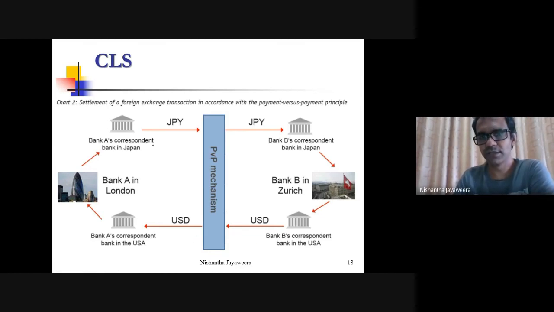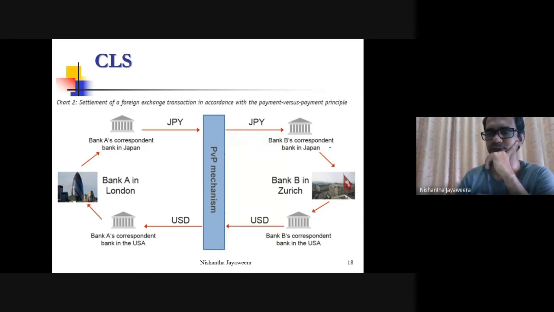By seeing that the dollar amount and the yen amount are available, CLS will immediately transfer the ownership of dollars from bank B's corresponding account to bank A's corresponding account, simultaneously transferring funds from bank A's corresponding account to bank B's corresponding account.